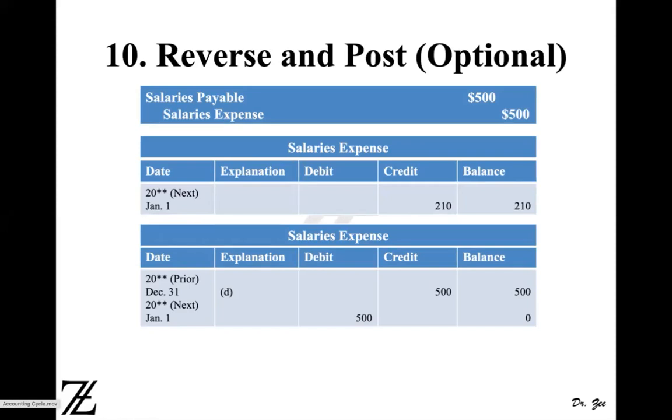Maybe you entered it by mistake, or for whatever reason. So you are going to reverse it. Salaries expense, you're going to credit, meaning expenses decrease, and salaries payable, 500 debit, means you no longer have to pay this amount. So this shows how you reverse and post.